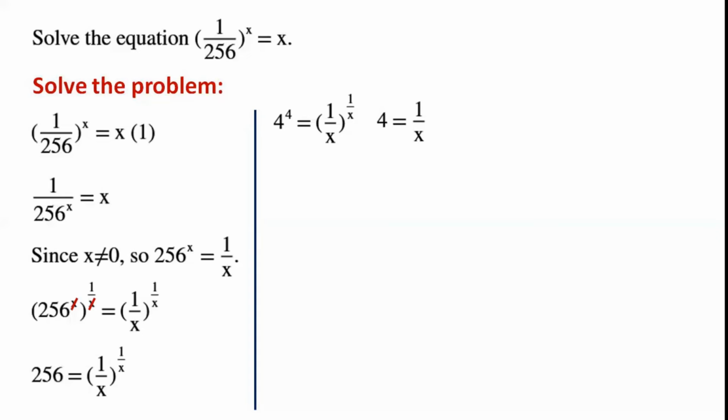So 4 must equal 1/x. Thus, x equals 1/4 by rearranging the equation.